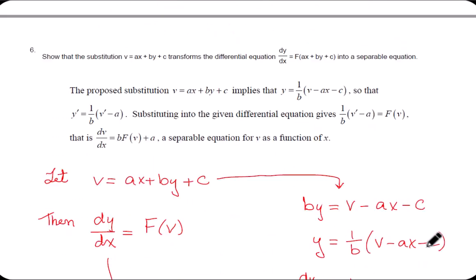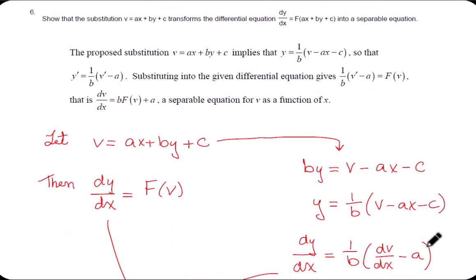All right, in question 6, we're going to show that if I do this substitution, it's going to transform this differential equation into a separable one. So let's see. Here's v right here.